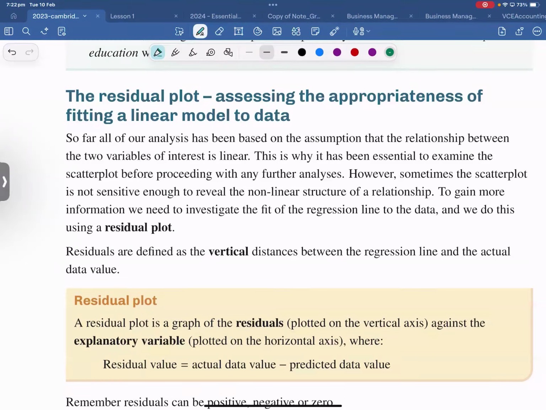And then you plot them on the graph against the explanatory variables. So actual data minus the predicted data, and then we plot that against the explanatory variables.